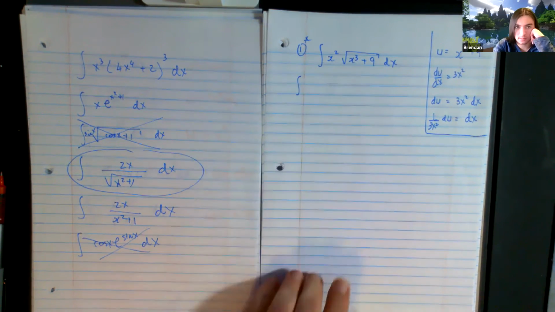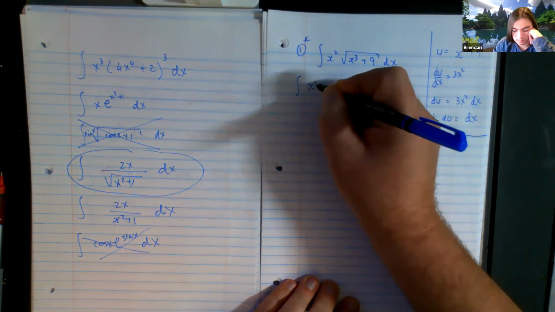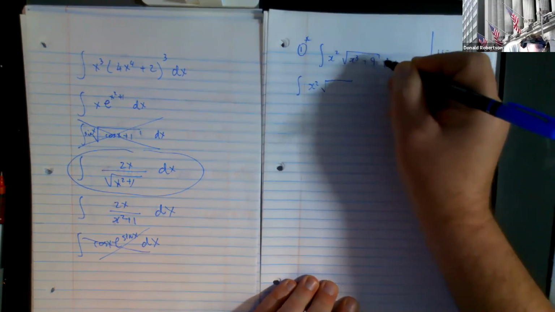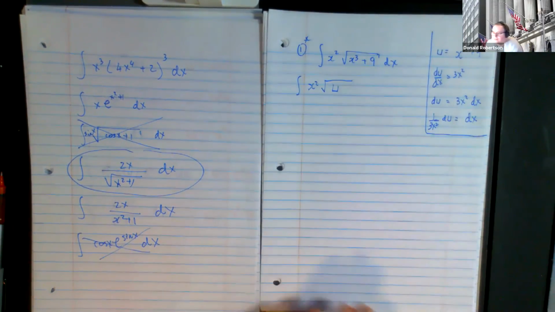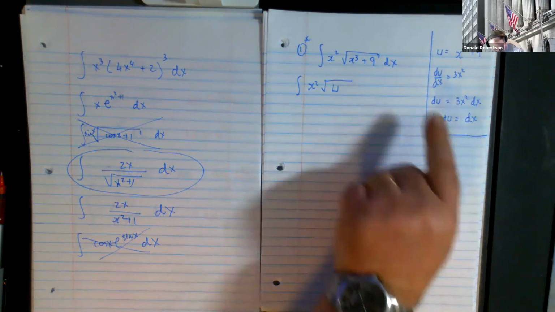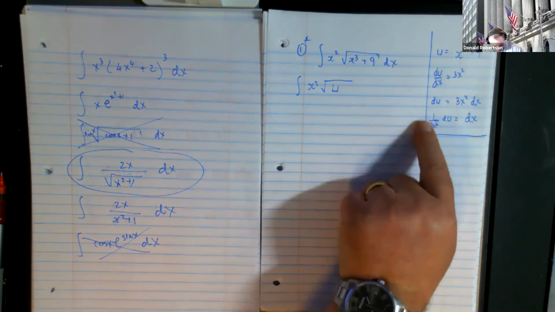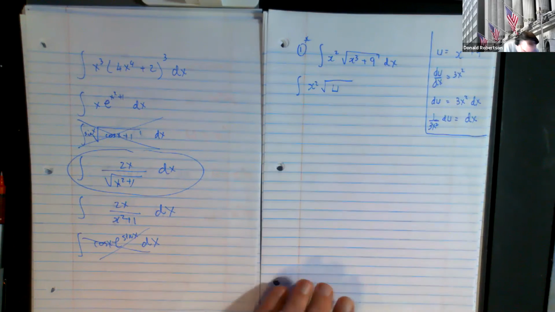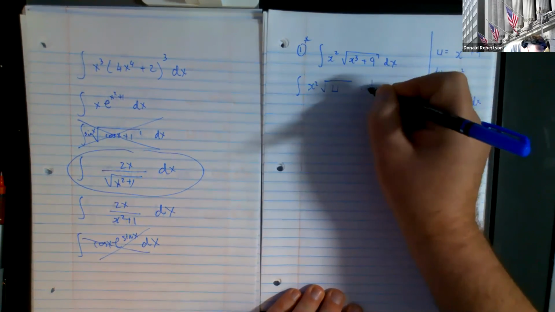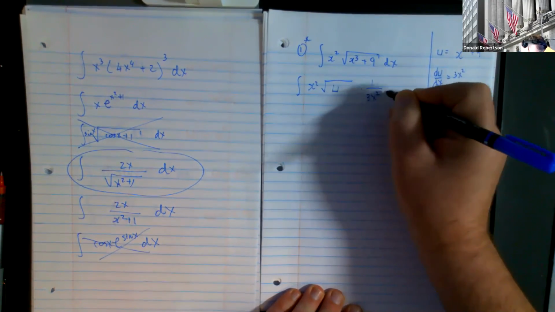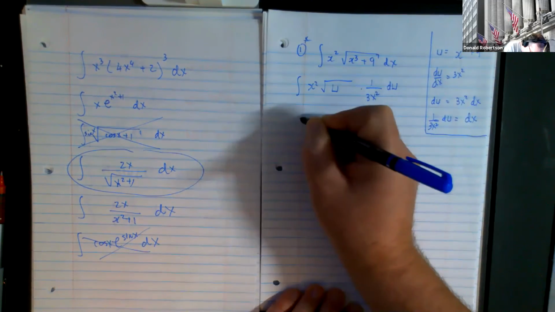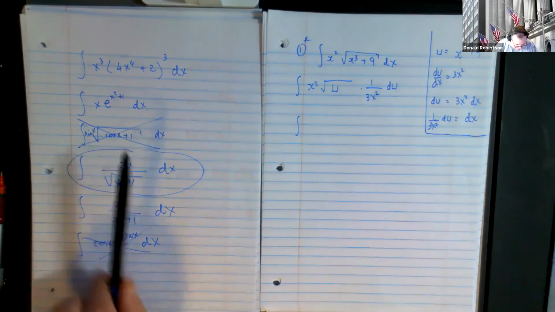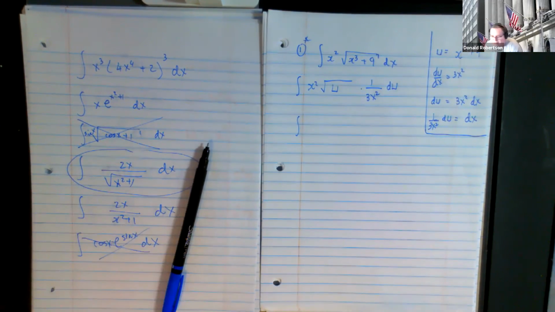Just write it down. Yeah. And won't the square root of this become the square root of u? And doesn't the dx always get replaced by whatever this is? Now, if we've done this correctly, shouldn't anything that's got an x in it disappear?